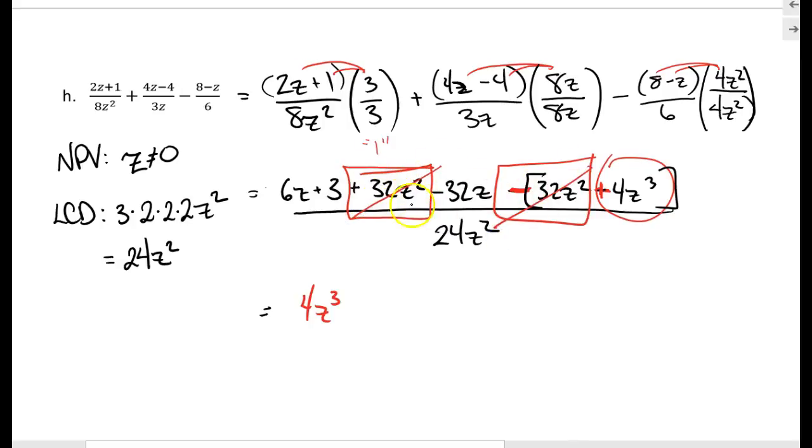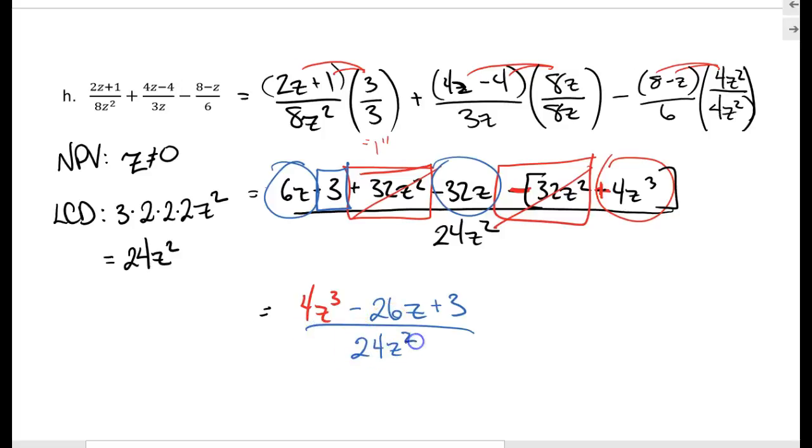Opposite operations, right? Addition and subtraction, those are allowed to undo each other. Then I've got a negative 32z and a positive 6z, so that's going to be negative 26z. And then just my lonesome positive 3 as my constant, all over 24z squared.